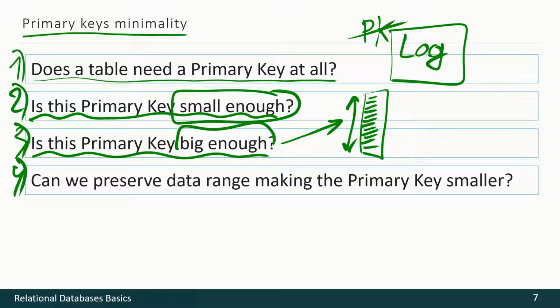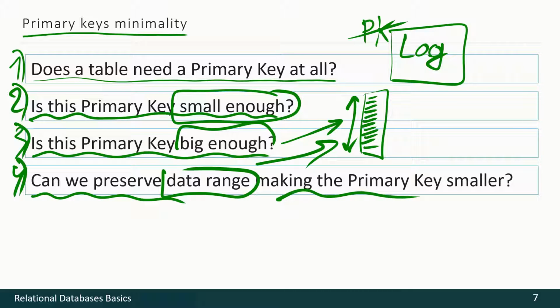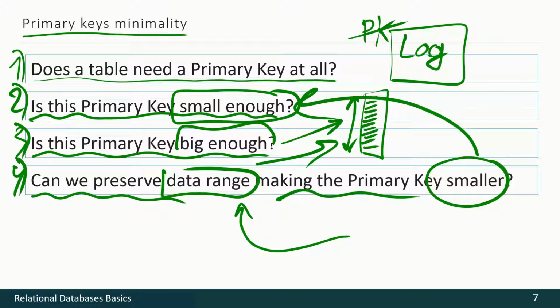So the conclusion: can we preserve that data range while making the primary key smaller? Usually answers to these questions are rather simple, but nevertheless we have to ask ourselves those questions and get answers.